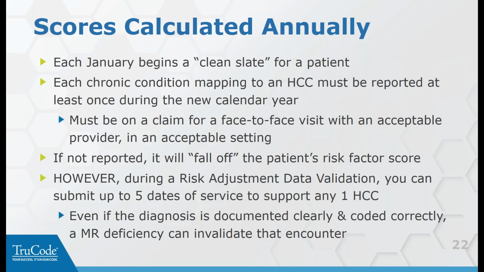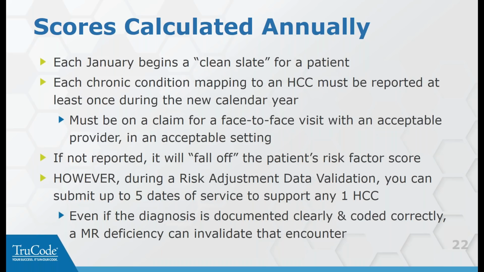It's also important to understand that during a risk adjustment data validation, which is an audit that happens annually by CMS, you can submit up to 5 dates of service to support any one HCC that's coded. So anytime you have a diagnosis that meets the reporting requirements as an acceptable diagnosis, it's probably a good idea to make sure it's documented and coded.